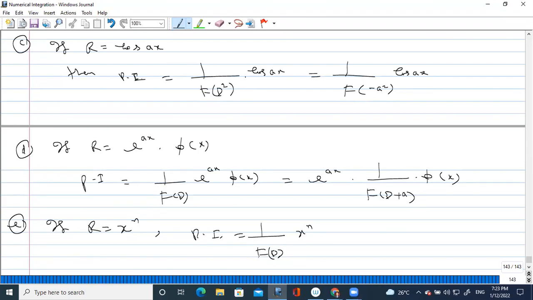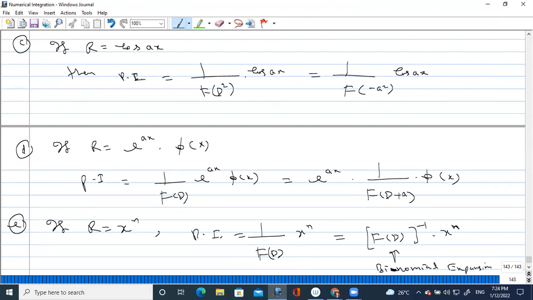you have to make an arrangement for this F(D) so that it becomes a binomial expansion. Then it will work as F(D) to the power minus 1, and you can expand it binomially. Then you apply the binomial expansion on x to the power n, because this is F(D).